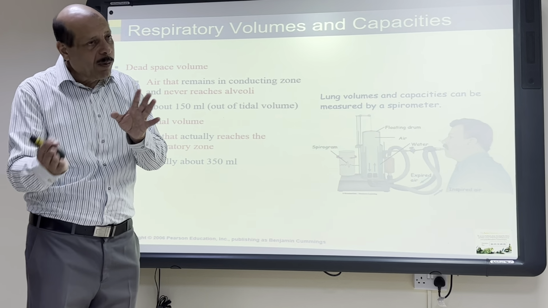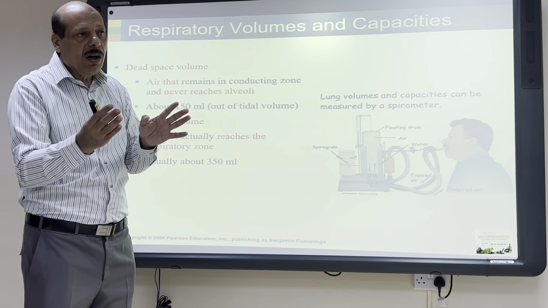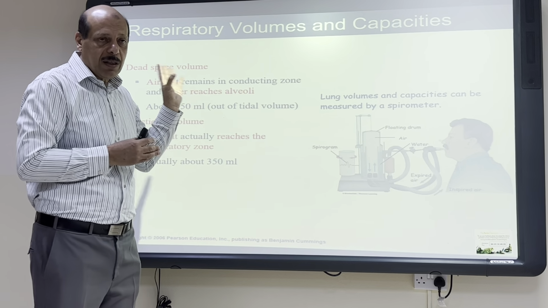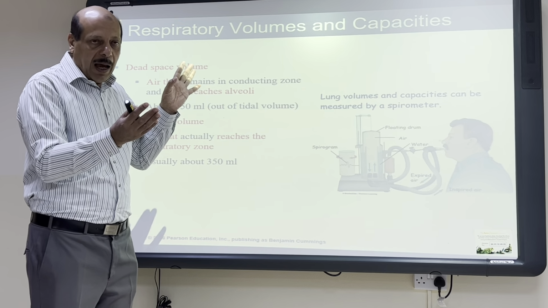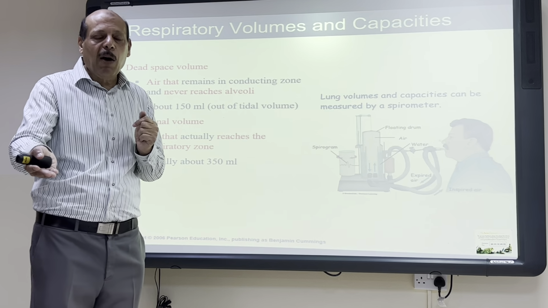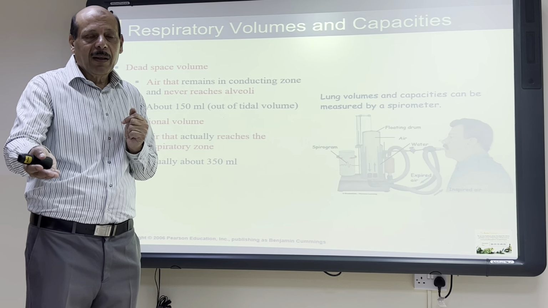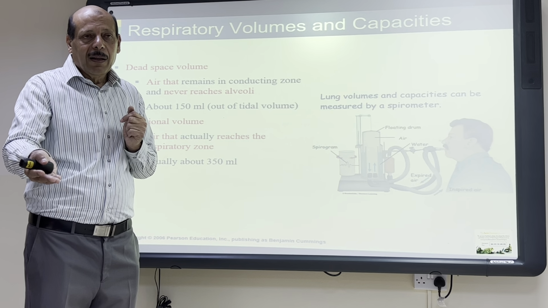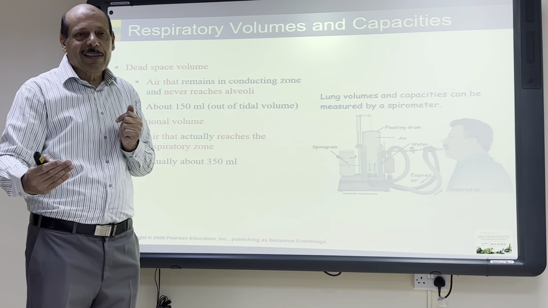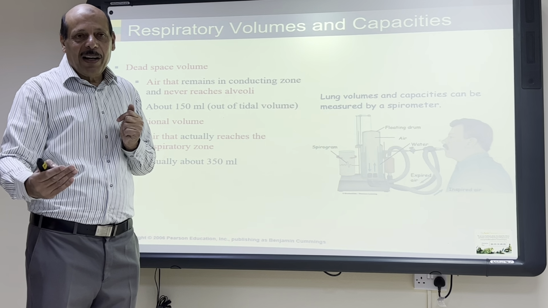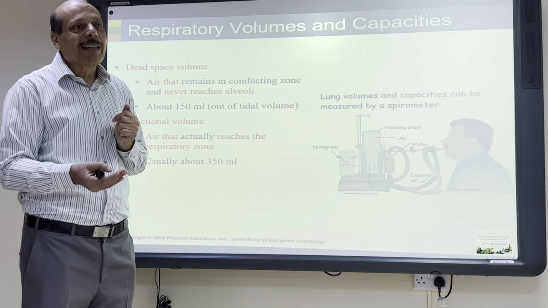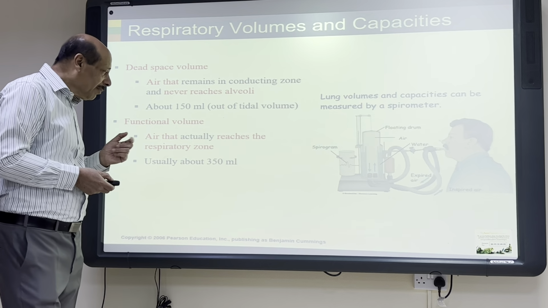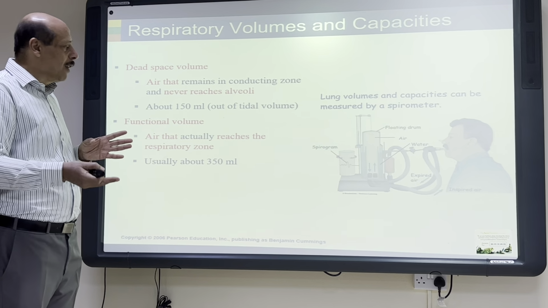So there will be no exchange of air from that amount of air. So how much is the remaining? 500 minus 150, the remaining is 350. So 350 ml will be in the functional zone.